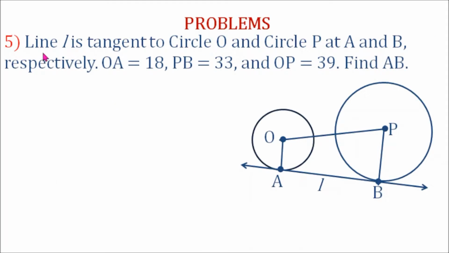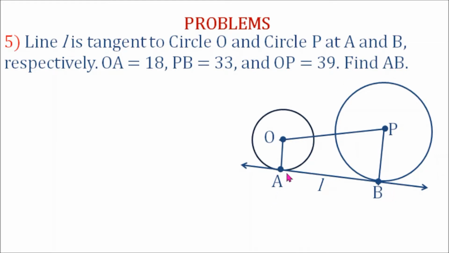Problem number 5. In our figure, line L is tangent to circle O and circle P at point A and point B respectively. OA equals 18, PB equals 33, and OP equals 39. Find AB.